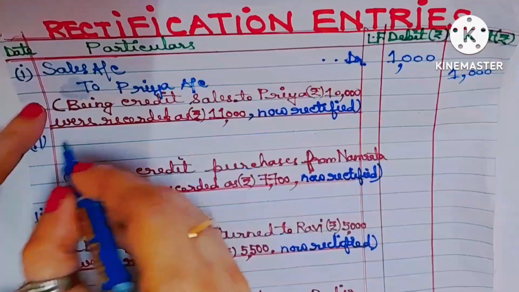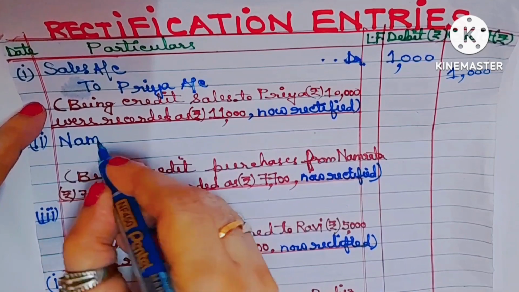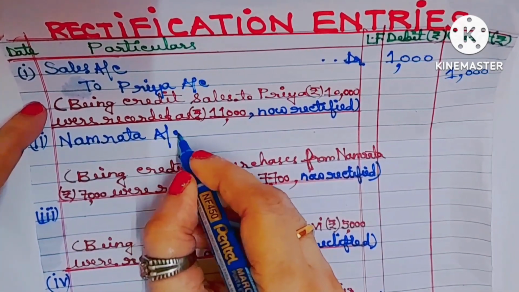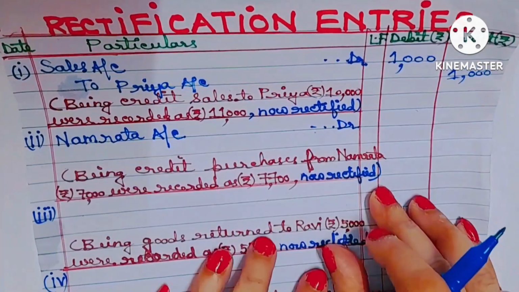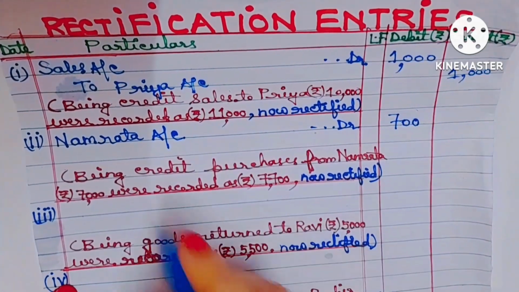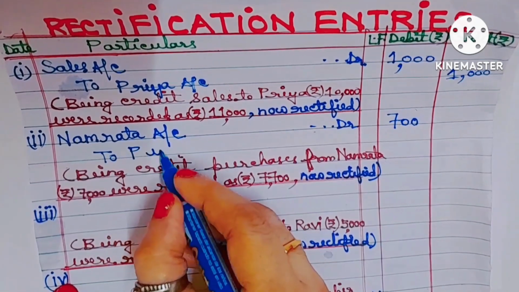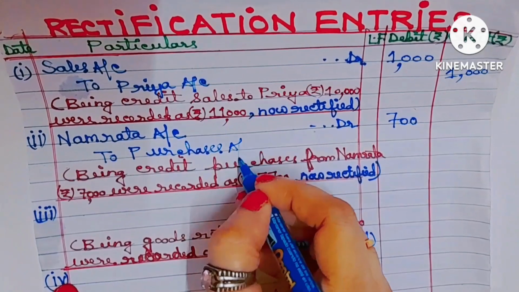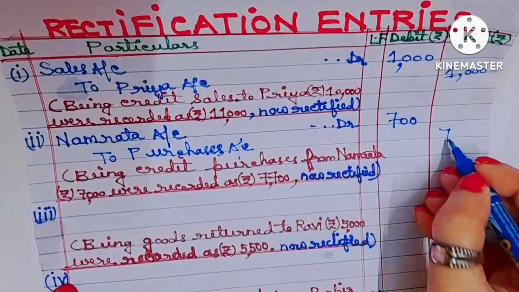So Namrata account debit 700 to purchases account 700 credit.